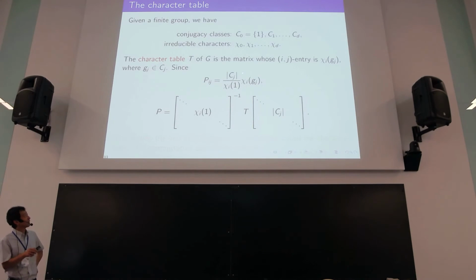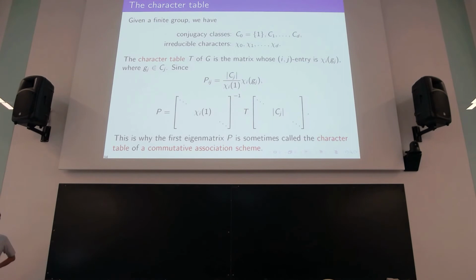So here I highlight one on the denominator, so I have to multiply the table from the left by this diagonal matrix inverse, and from the right by this diagonal matrix, to get the eigenmatrix. So this is why the first eigenmatrix P is sometimes called the character table of a commutative association scheme.